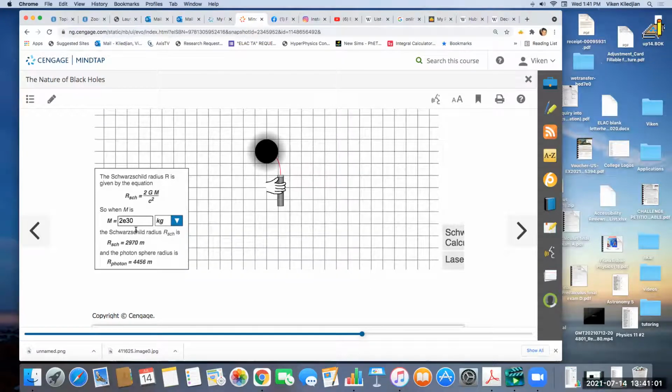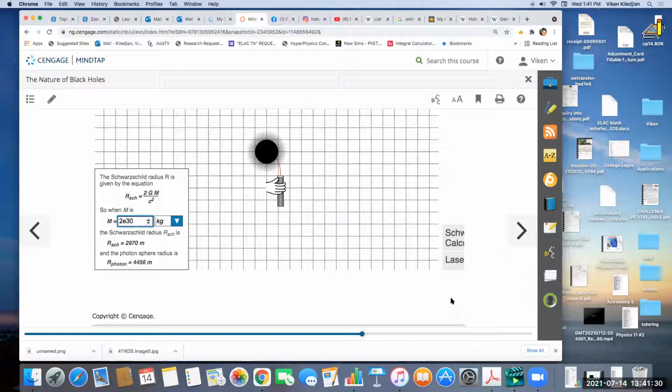But now, if you get an object that's about 3 times the mass of the sun, or 2.5 to 3 times the mass of the sun, that could turn into a black hole. So 3 times the mass of the sun would be about, okay, hold on. The core of the parent star, in other words the original star that dies, has to be pretty heavy, like 30, 40, 50 times the mass of the sun.